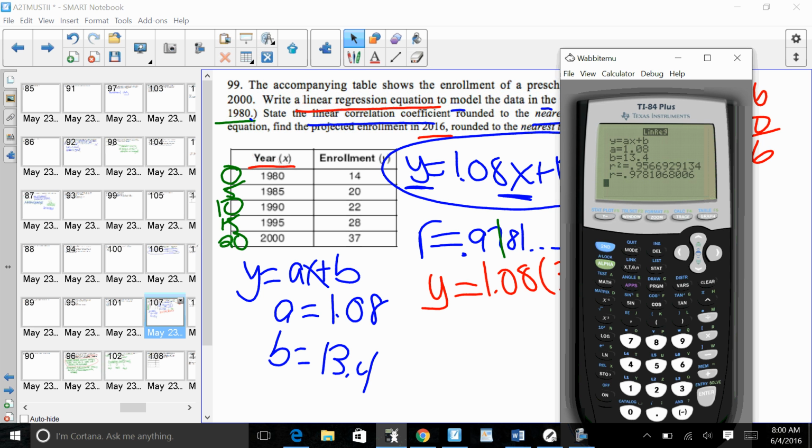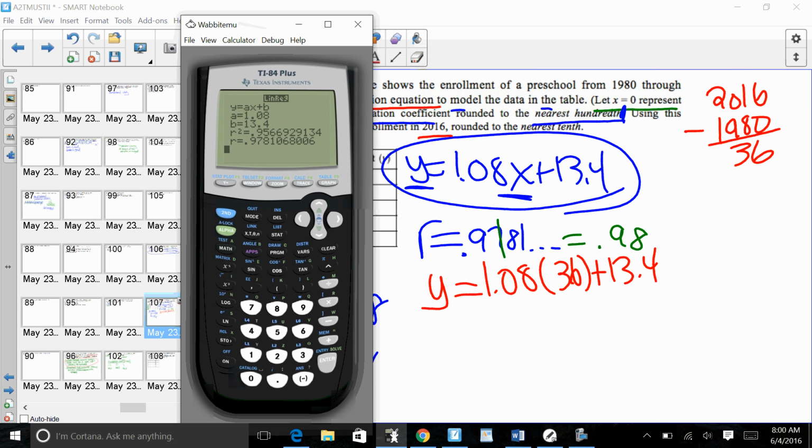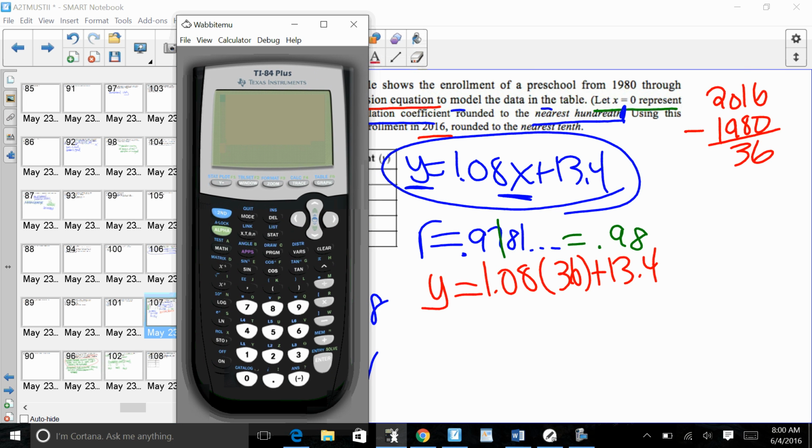I'm going to type that in on my calculator. It wants me to round to the nearest tenth, which is 52.3.